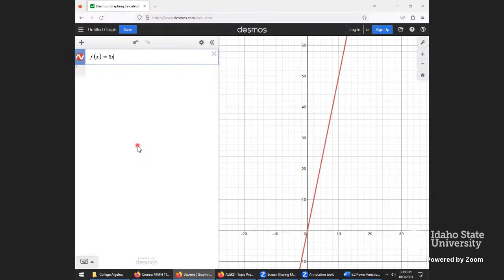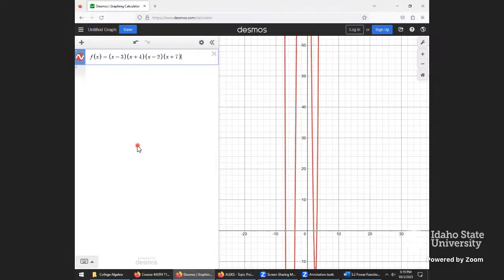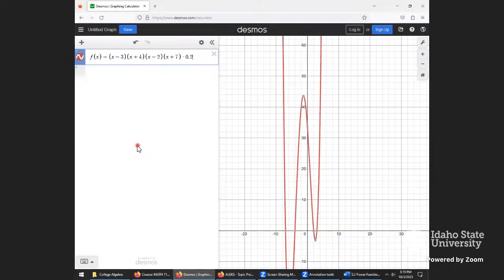Let's make it be x minus 3, x plus 4, x minus 2, x plus 7. Put in weird things inside there, and let's put in times 0.2. There we go. And we have some weird up and down patterns going on in this one. But notice, if we were to expand this, it'd be degree 1, 2, 3, 4.